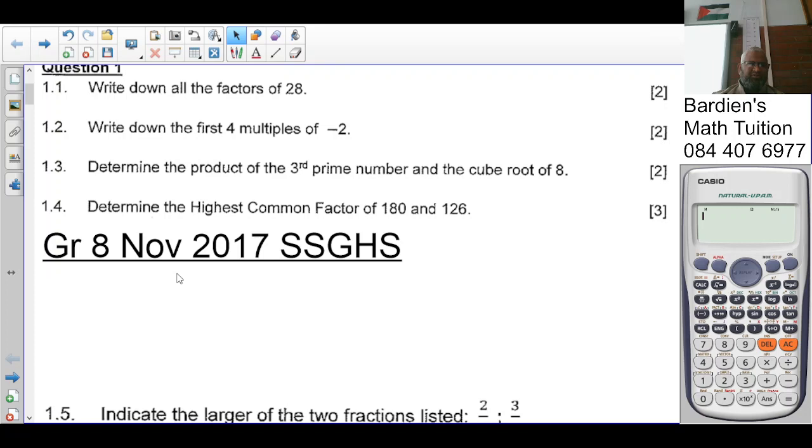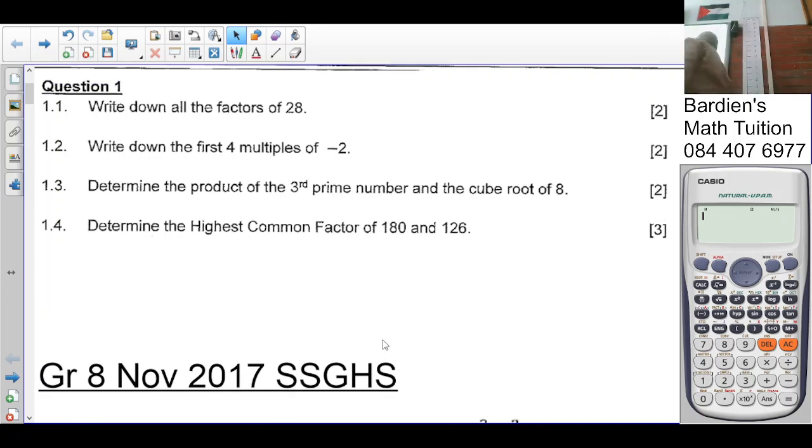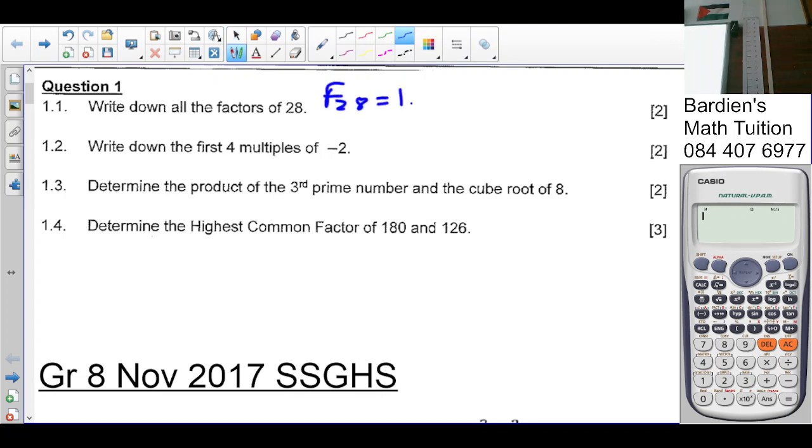So you're looking at question 1. It says write down the factors of 28. So what are the factors of 28? It's 1, 2, 4, 6, 7, 8, 9, no, 10, 14. Not 6. No, who said 6? Me.